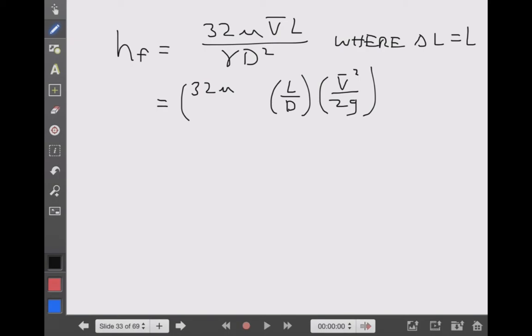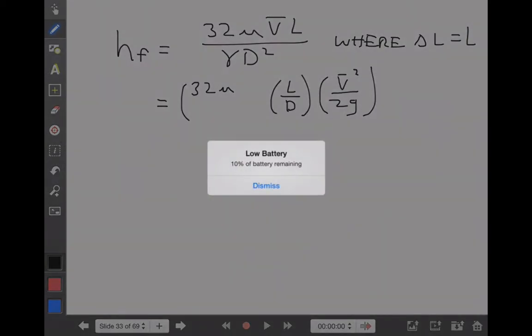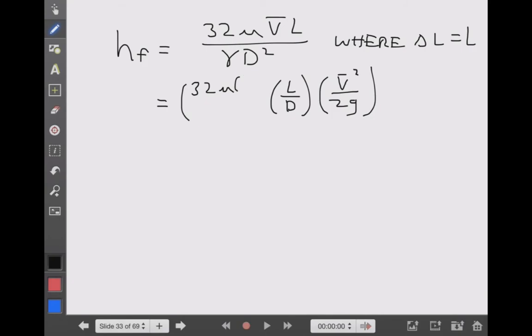So we just have 32, but we also divided by 2g, so we're going to add a 2g in here, and we are going to write gamma as rho g, and we have pulled out one of the D's. Here's the other one right here, and we have to divide by another velocity because we pulled out velocity squared. So we have this.